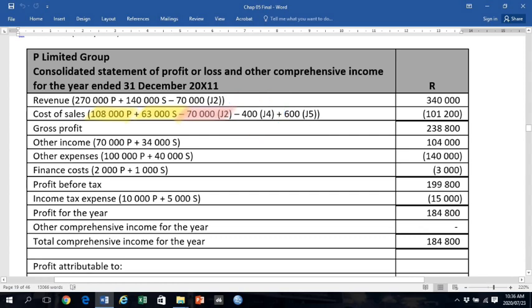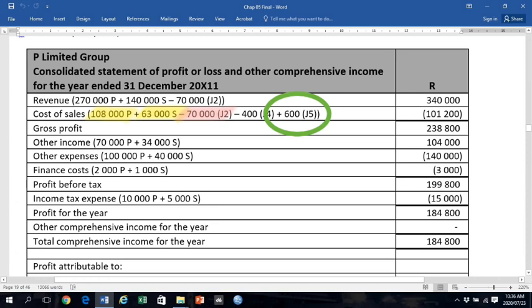The next journal entry that affected cost of sales was for the unrealized profit in closing inventories. At the end of 20X11, there were still intragroup inventories on hand. That indicated that there's still a profit included in the gross profit of the selling entity that's not allowed to be part of the group's gross profit.